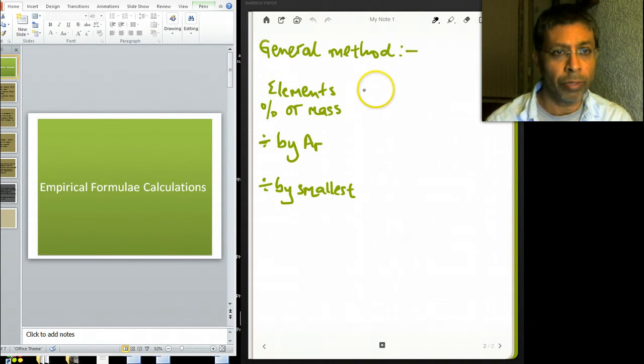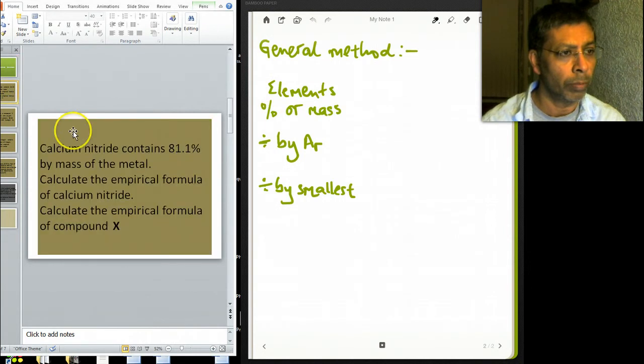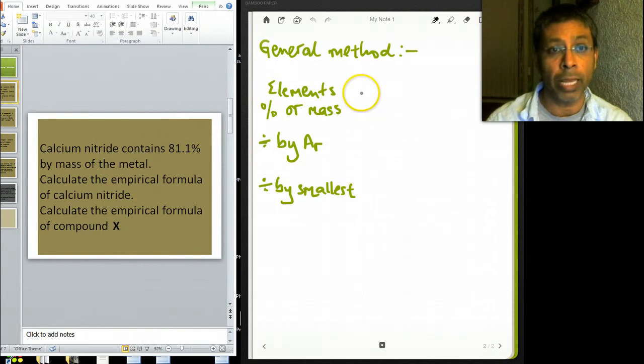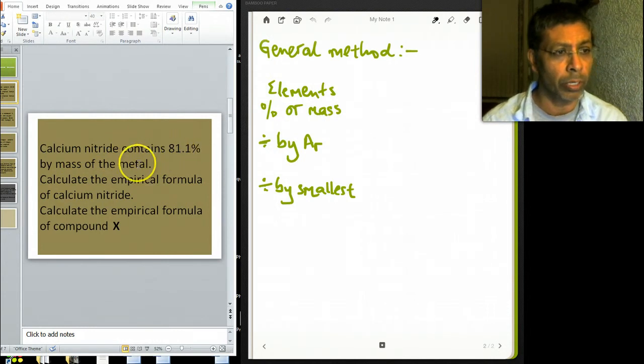Okay, general method. Whenever you're given the information in a question, for example, here's one question, the first thing is to write down the elements. In this case, calcium nitride contains this much percentage by mass of the metal. So calcium nitride, there are 2 elements involved here, calcium and nitrogen. So you'd write down calcium and nitrogen.